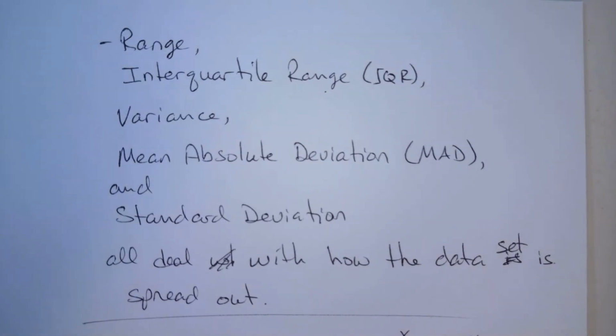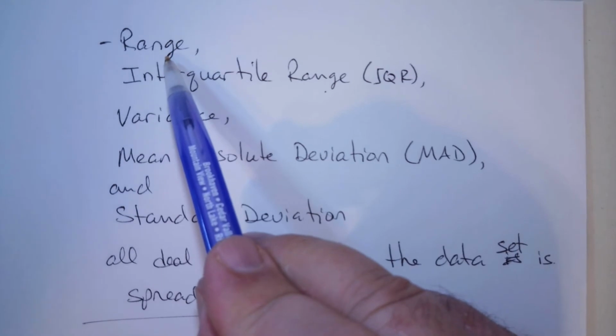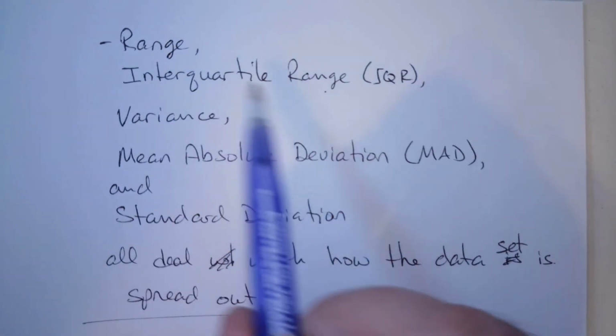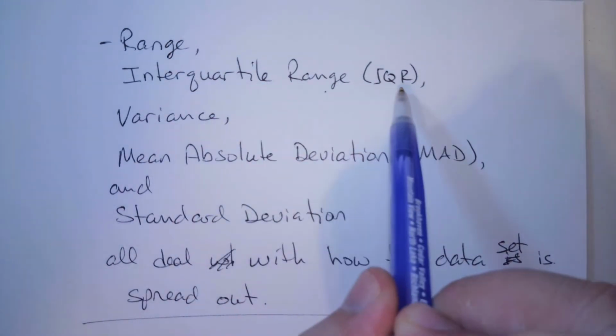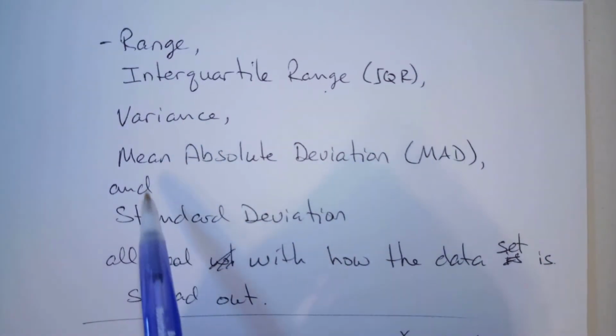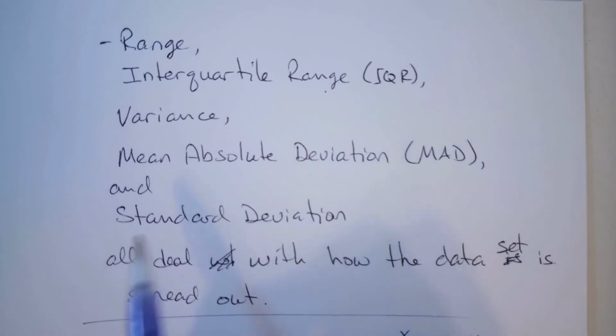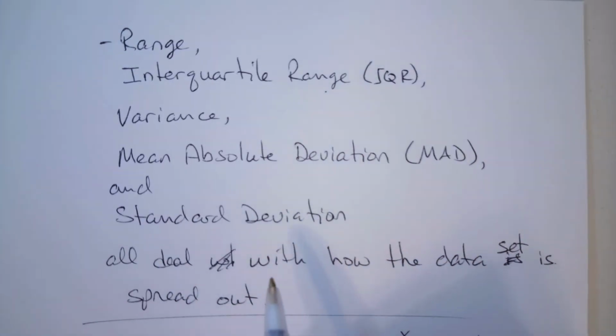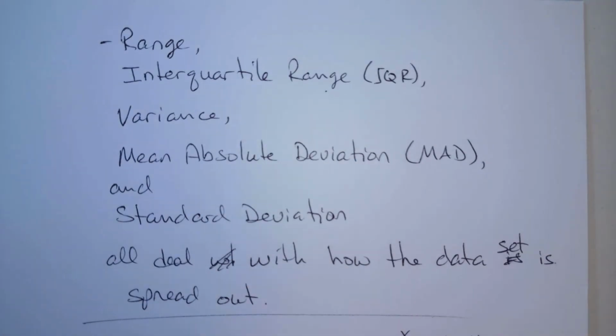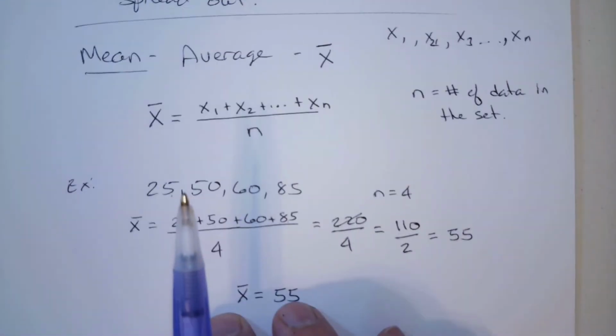When it comes to the variance, the spread, we're going to talk about the range of the data, the interquartile range, which is the IQR. We're talking about the variance, the mean absolute deviation, or MAD, and the standard deviation of the data set. All of these describe how the data is spread out. Let's begin.